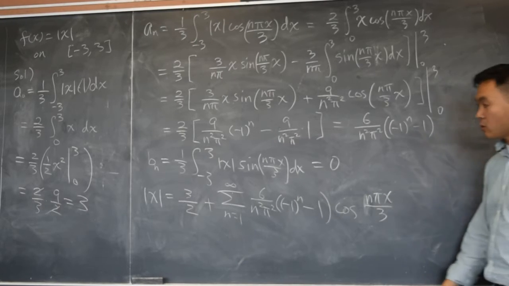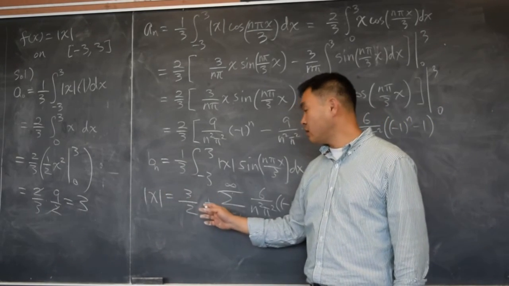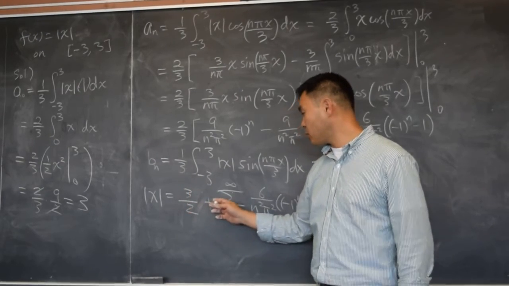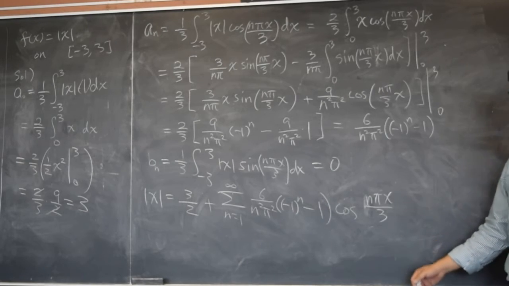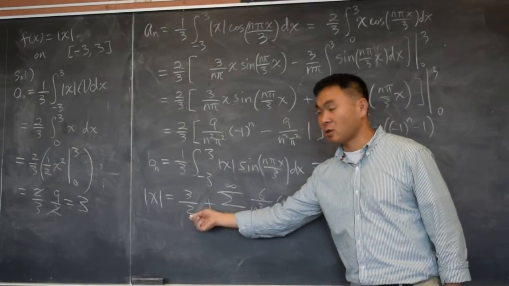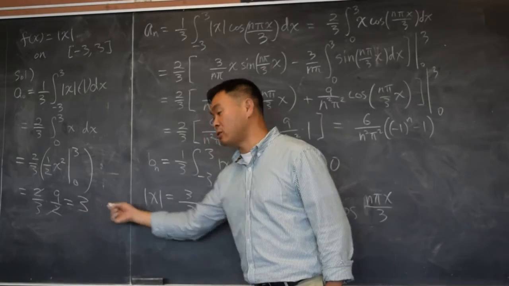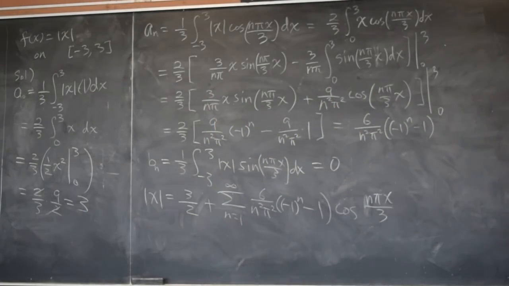Now remember, in the formula, it's a0 over 2 plus sigma an cosine n pi x over L. So that's where this 2 comes from. Even though a0 is 3, you have to divide by 2.